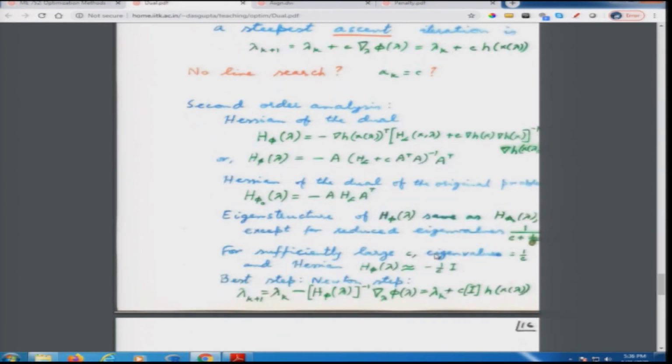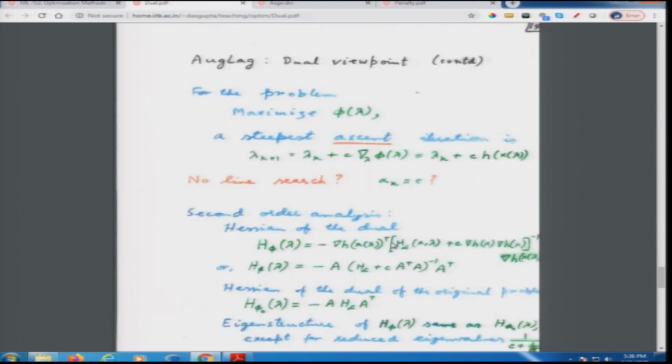So, for sufficiently large C, you can simply say that all eigenvalues of this matrix will be 1 by C, and that means you have the matrix as 1 by C into identity, and the dual Hessian of this is almost like minus 1 by C into identity.